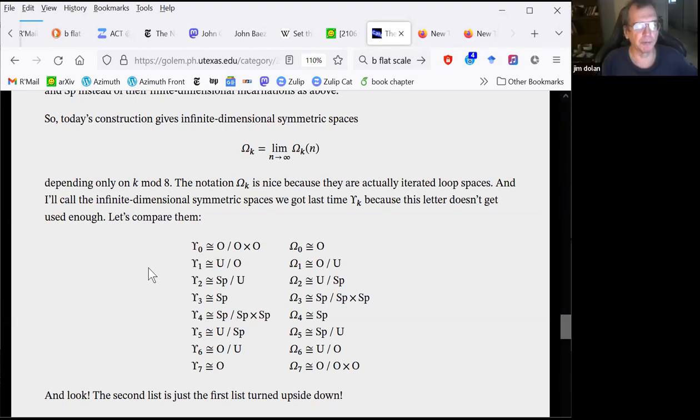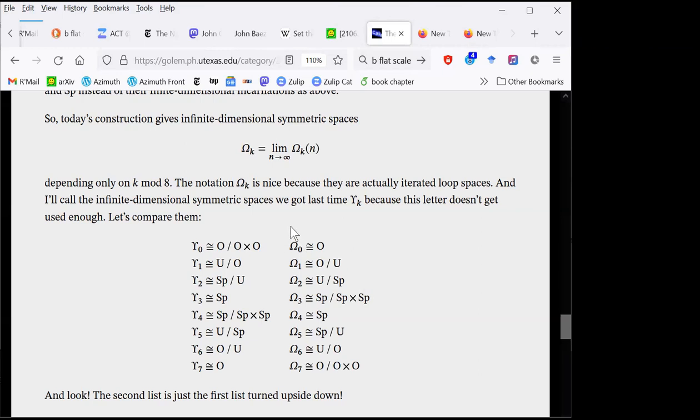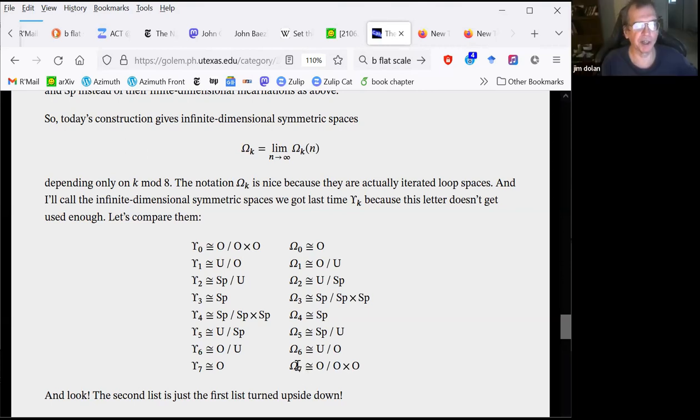Okay, so the right-hand column of equivalences, those omega things, those are the loop spaces. Yeah, those are the loop spaces. And then there are these other nice homogeneous spaces, finite dimensional homogeneous spaces. And you are asserting that they are actually homotopy equivalent.